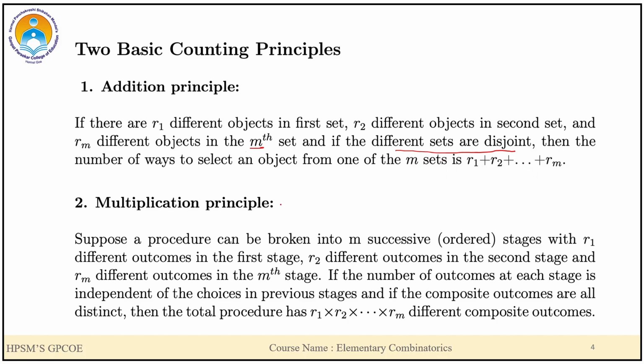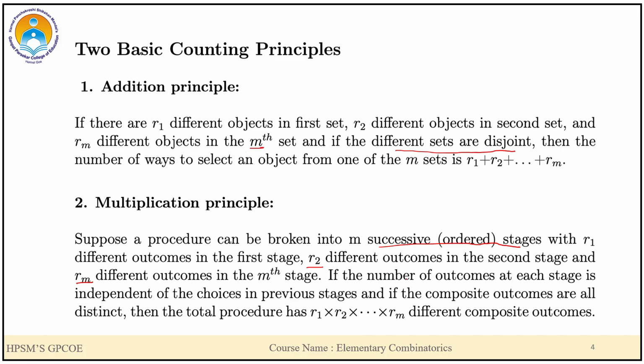Now the second one is the multiplication principle. Suppose a procedure is given to you and that can be broken into m successive ordered stages with R1 different outcomes in the first stage, R2 different outcomes in the second stage, and Rm different outcomes in the mth stage.